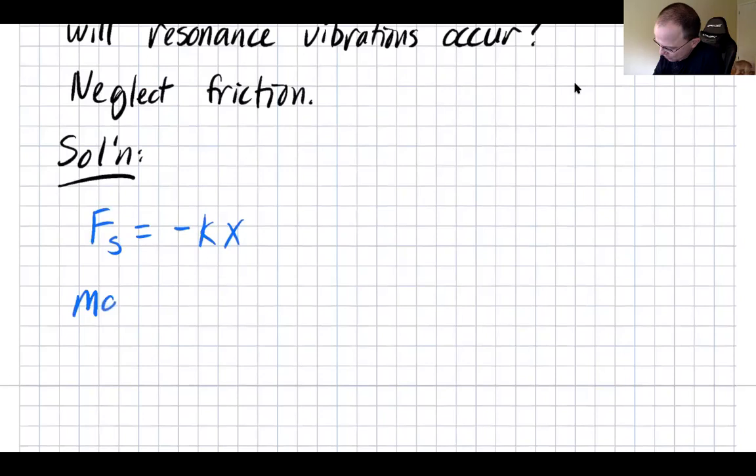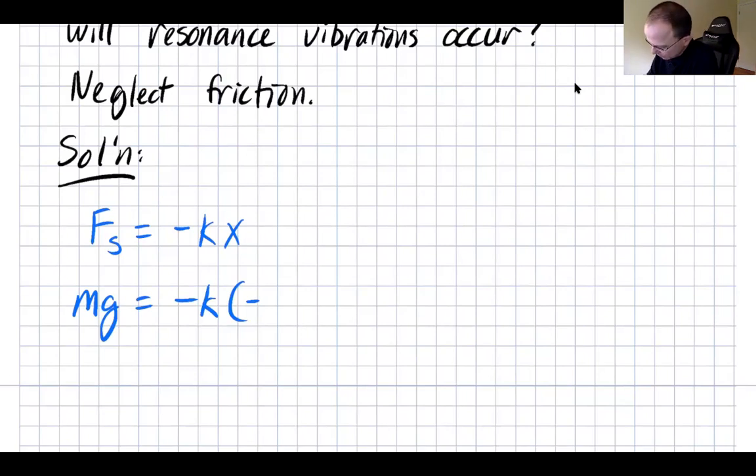So we do have m times g on the left, and on the right we have negative k, and then the displacement is negative, let's see, I forget if I put this whole thing into meters. I think that's what I do. Yeah, let's write it in terms of meters.